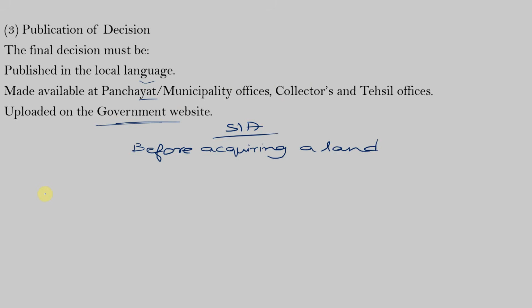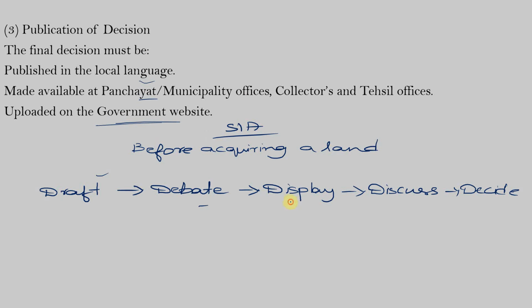So we will take a quick recap of the whole social impact assessment. I have made some keywords to remember the whole procedure, that is draft, debate, display, discuss and decide. So under Section 4 the draft of the SIA report is made, and then that draft is sent for public hearing under Section 5.